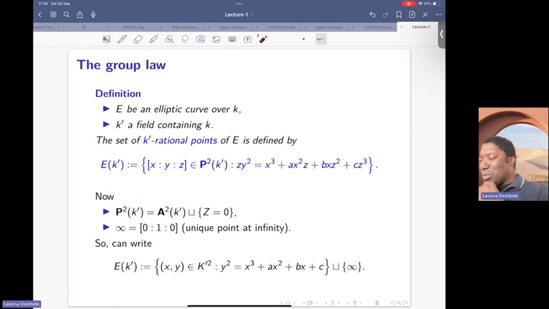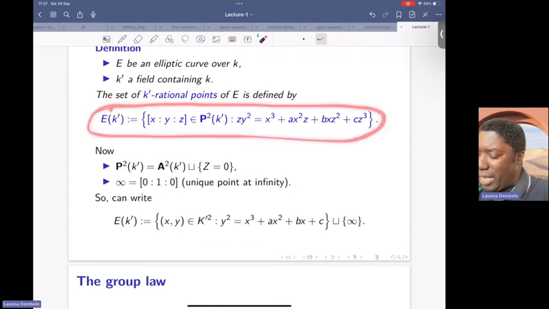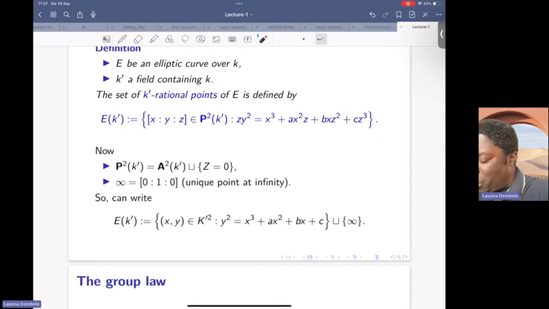And you can make this definition less mysterious if you remember that you can write your projective plane as the union of the affine plane with the line at infinity, right? So we know that the only point at infinity that is on the cubic, the elliptic curve, is this one. So we can rewrite this set of K rational points as follows. This set of K rational points would be this part here times this.